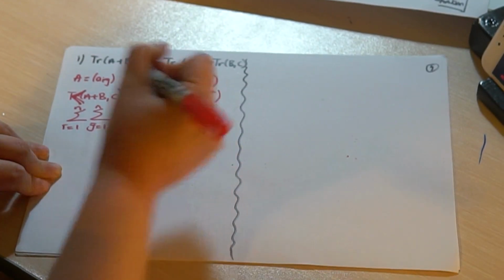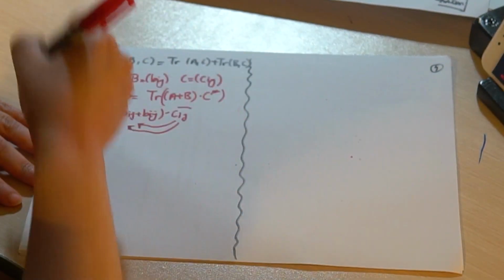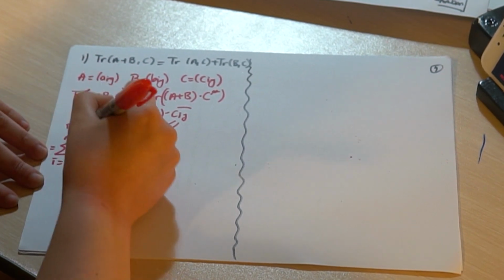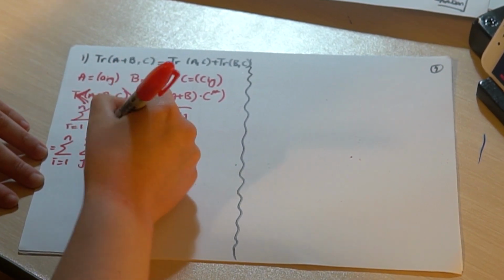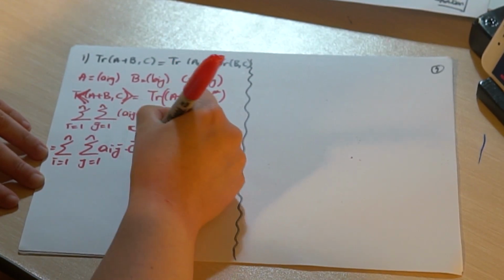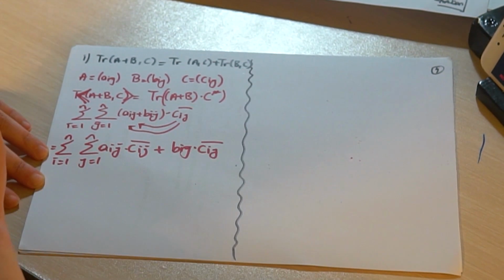So we can distribute the Cij conjugate inside. This is equal to the sum over I from 1 up to N, J from 1 up to N, of Aij times Cij conjugate plus Bij times Cij conjugate.